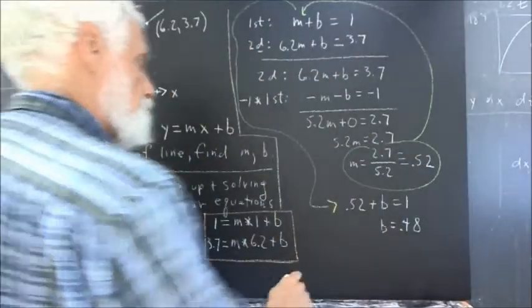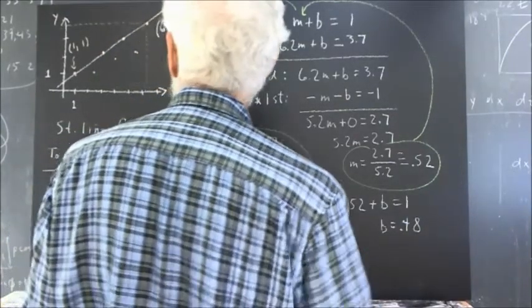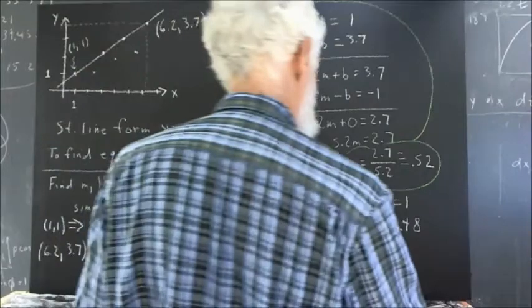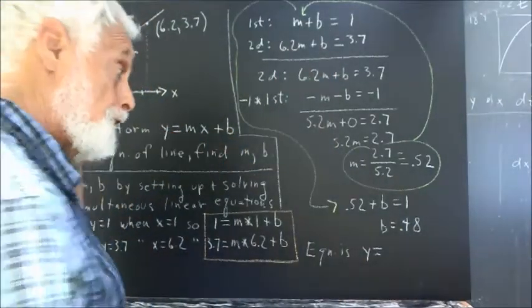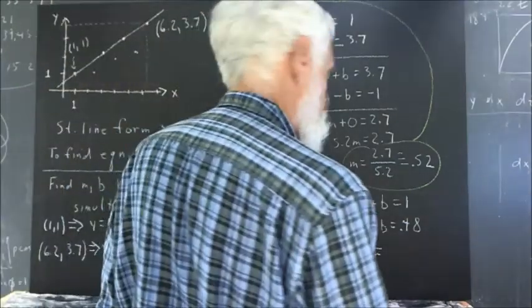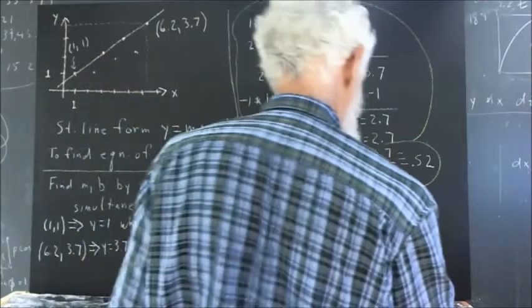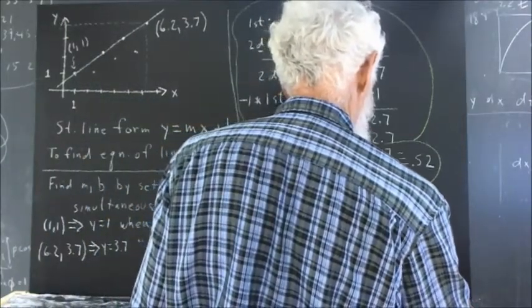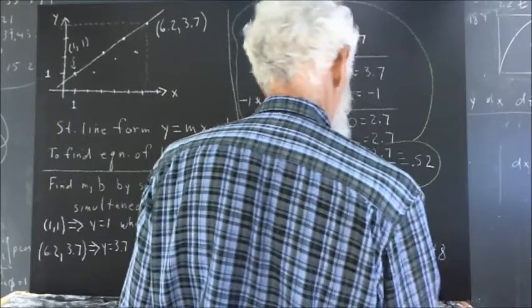So now the equation is y equals mx plus b. That was our original assumption. We've evaluated the parameters m and b, and we find that m is 0.52, so we get y equals 0.52x plus b, which is 0.48.